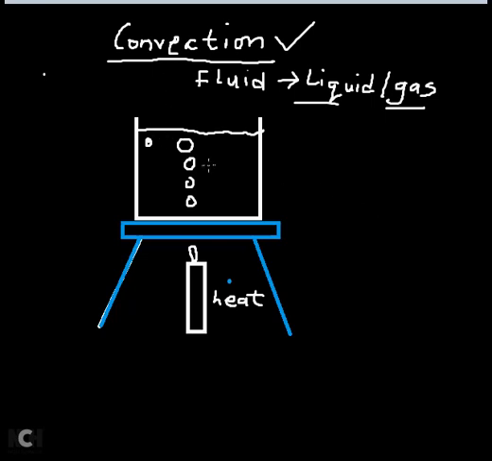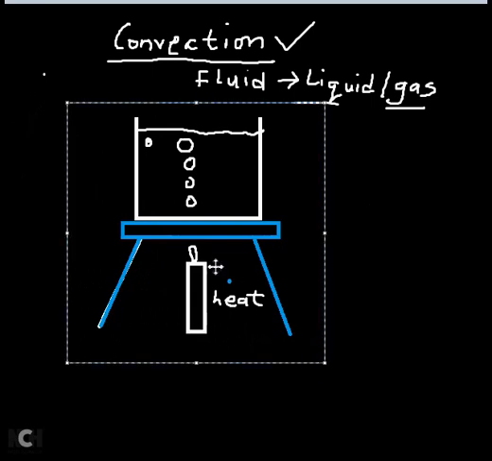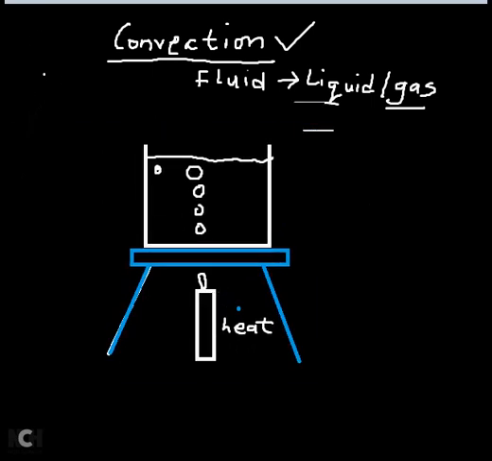Now to illustrate this, let's look at what happens when you heat water. This is water that is being heated. You discover that at the down part of the container, the temperature of the water molecules increases, which causes the water to create a bubble.